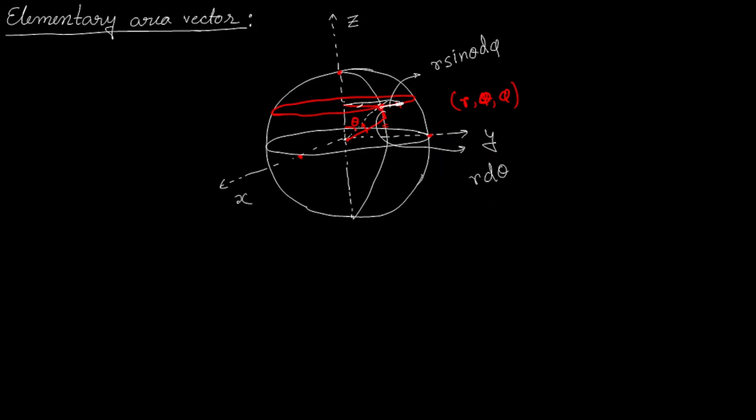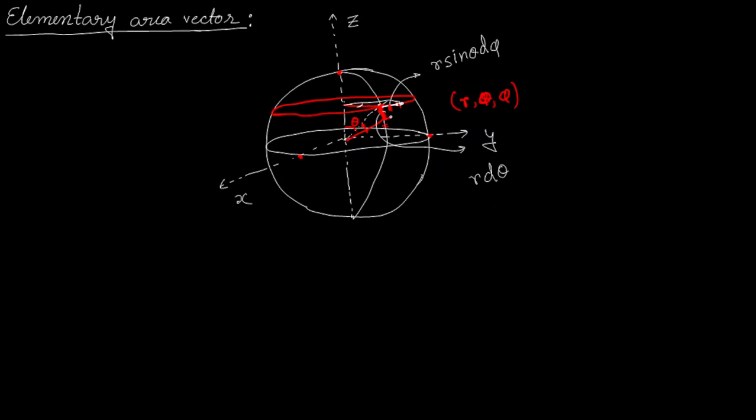Then we have increased the value of theta by a small angle d theta. Then this point will shift along this line, and this length will be r d theta. And when you increase the value of phi by an angle d phi, keeping theta and r fixed, then this point will shift from here to here. So this length will be r sine theta d phi.